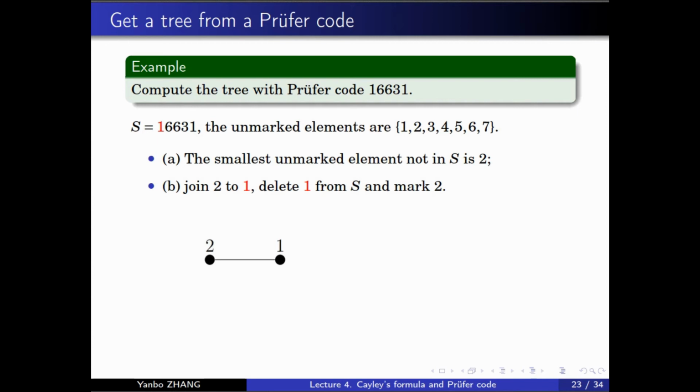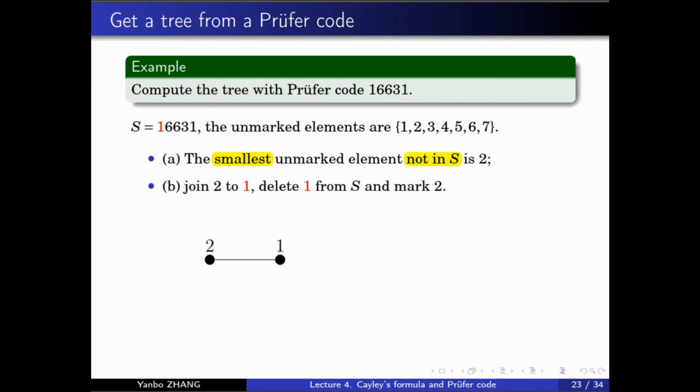Okay, step number 1 is to find the smallest unmarked element not in S. 1 is the smallest element, but 1 does belong to S. So the smallest unmarked element not in S is 2. What we have to do is join 2 to the first element in the sequence.